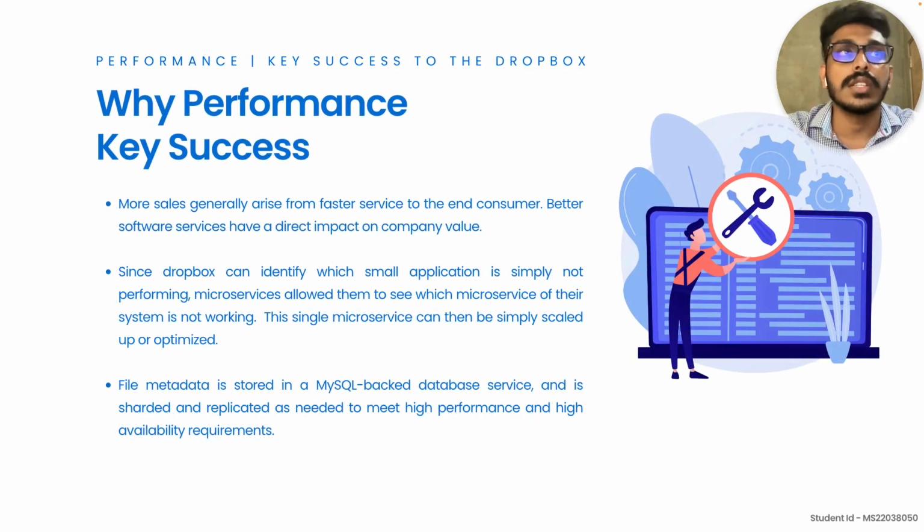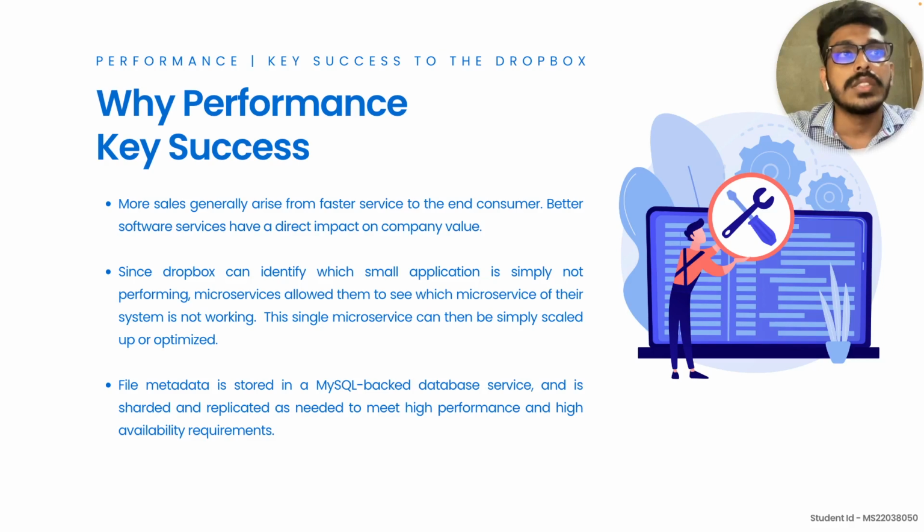When it comes to the performance key success, on the business end, more sales generally arise from faster service to the end consumer. Better software services have a direct impact on company value. When users upload and download files in Dropbox, performance should be good, on mobile as well, because it directly impacts the system.